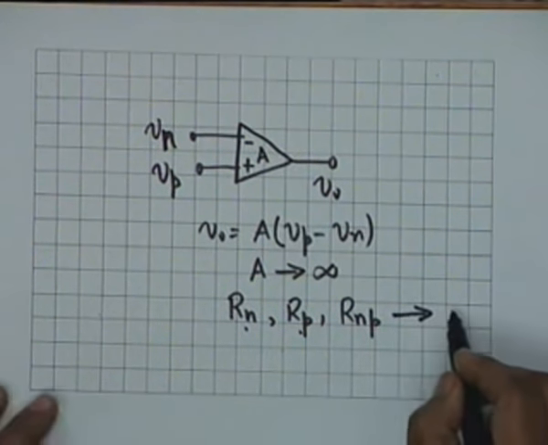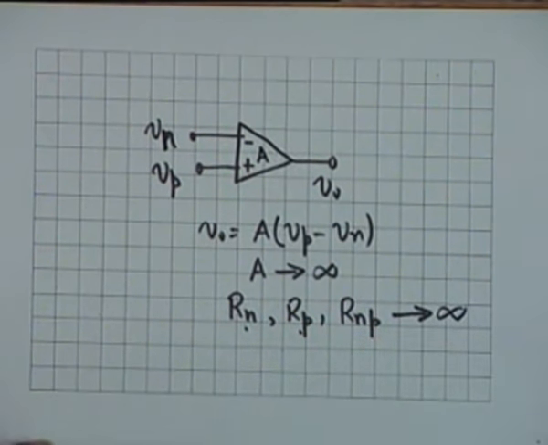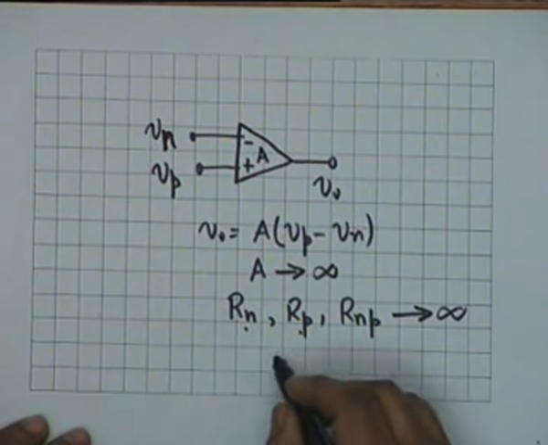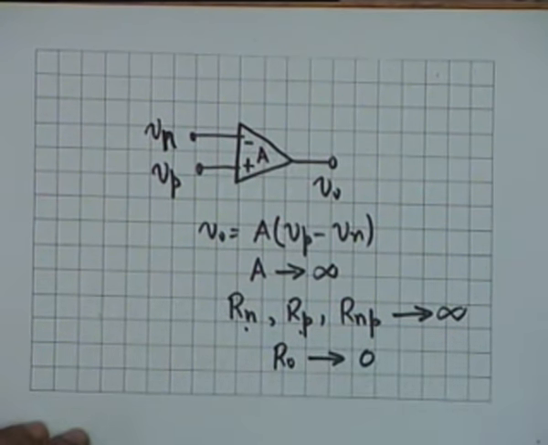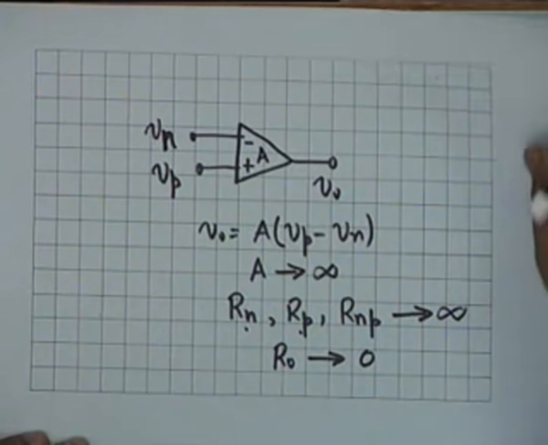All of them tend to infinity. Input resistance is infinite, so that the op amps do not take any current at their input, and the output resistance tends to 0.